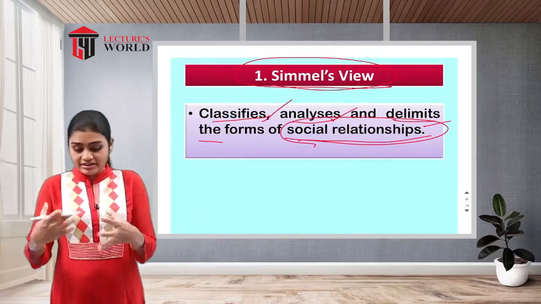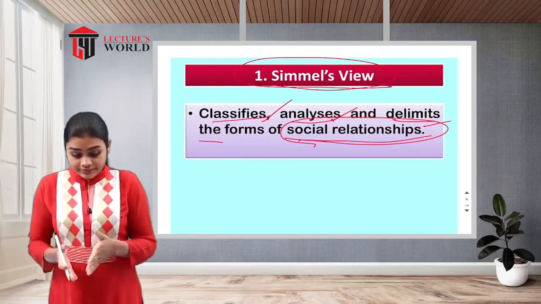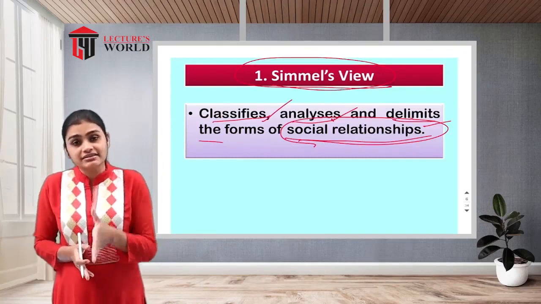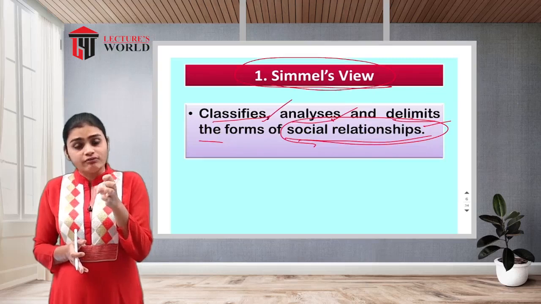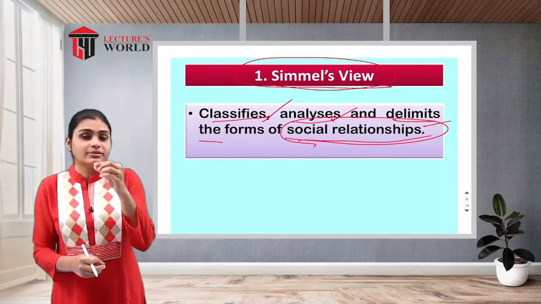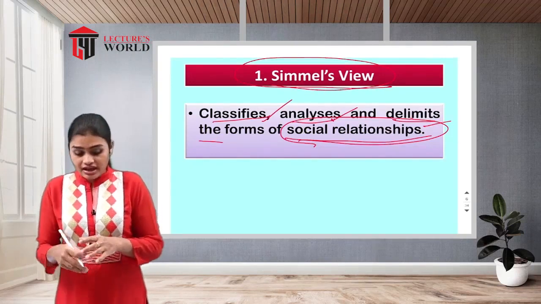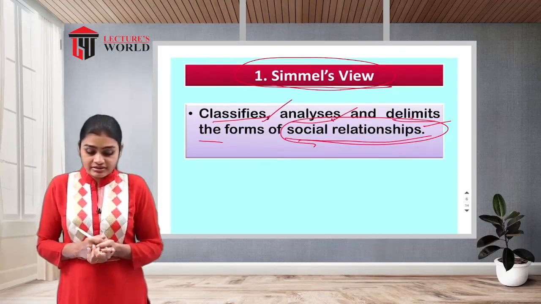That is called social relationships. So they did the classification, then they did the analysis. They identified what exactly is happening in this particular relationship. So that analysis they have done, and also delimits.